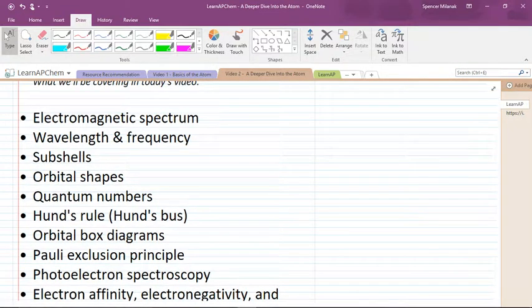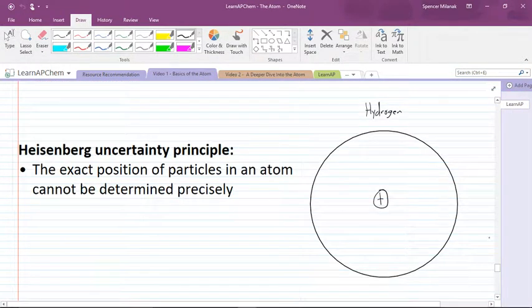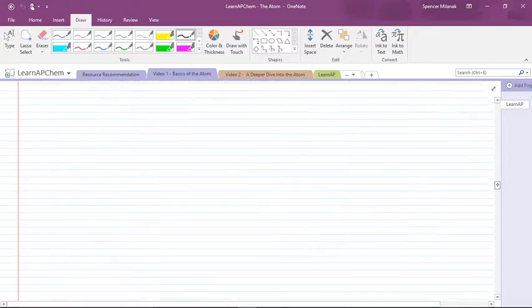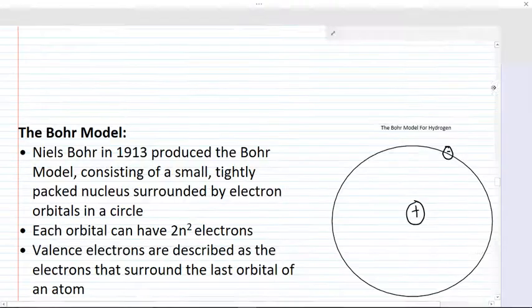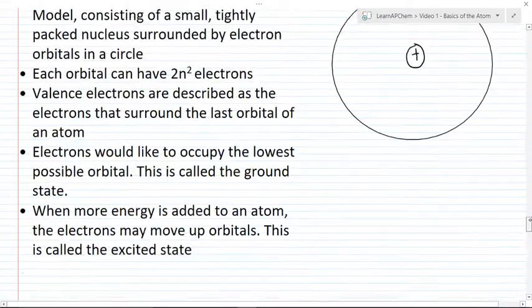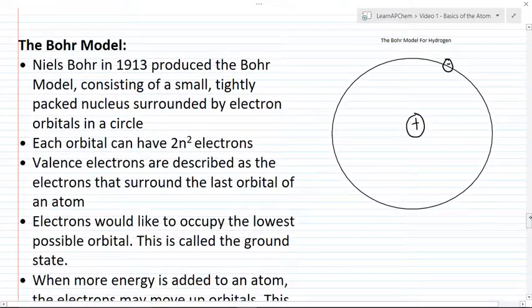Okay, no, it was in video 1. Yeah, there it is. So I talked a little bit about how this is wrong for everything except for hydrogen, and that's because the Bohr model is only using S shapes for all of its energy levels.